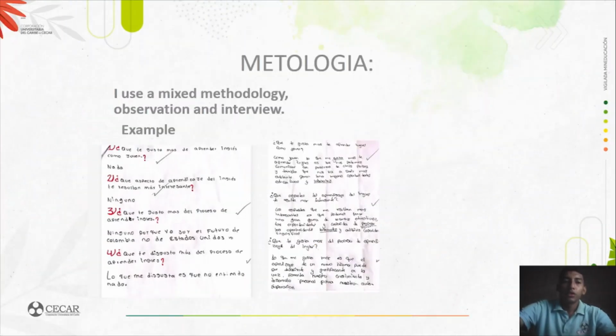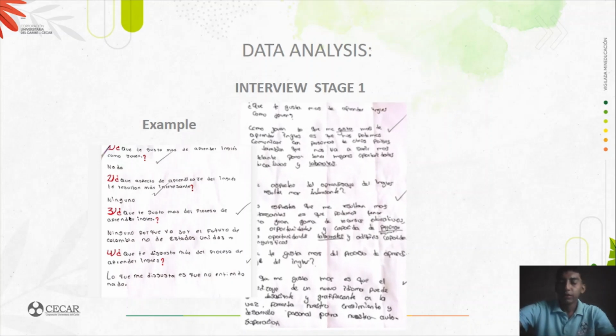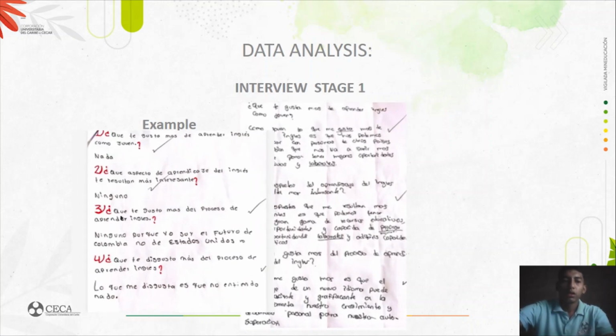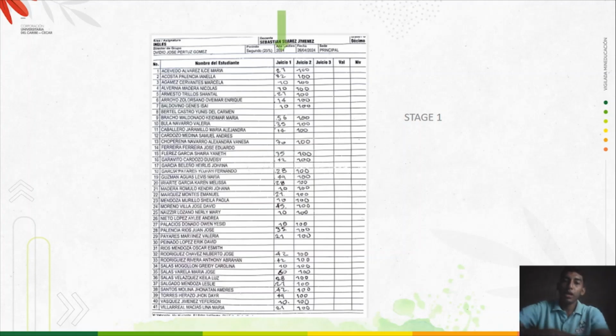My methodology was a mixed methodology. I did observation and interviews. For example, you can see two different interviews. Well, there is one, another one, and this is the analysis of results.